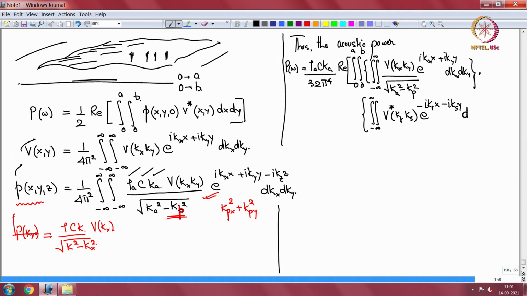These are dummy integral variables, and in the end dx dy, close.